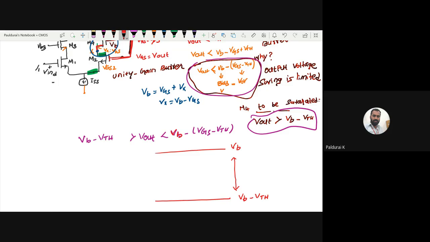Actually, it is my VTH, right? V out is actually greater than VB minus VTH. So greater than this value, but less than VB minus one threshold, sorry, minus one overdrive. Let me take this as my overdrive.